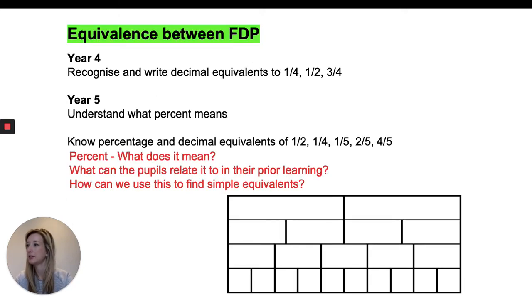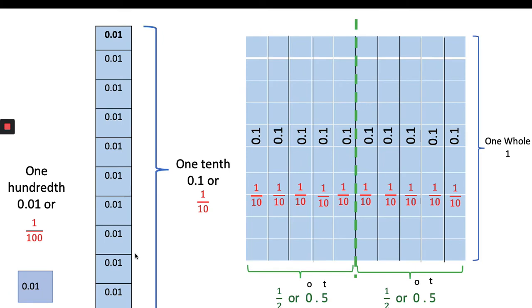Okay, looking on to equivalence. So in year 5, children apply their understanding of decimals and fractions as they learn percentages, and they learn that they can be equivalent, and that percent means out of 100. So coming back to what I mentioned in part 1, here we are back to the Dienes and following what the children already know.